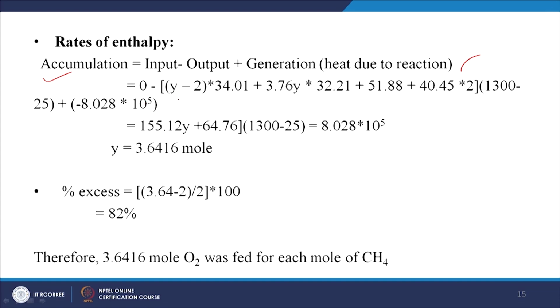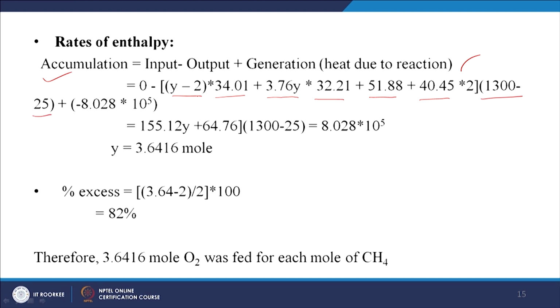Minus output: Y minus 2 for oxygen into 34.01, plus 3.76 Y for nitrogen into 32.21, plus 51.88 plus 40.45 into 2 for CO2 and H2O, into delta T.